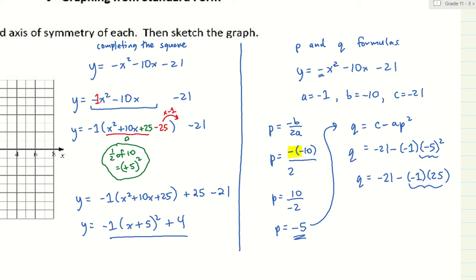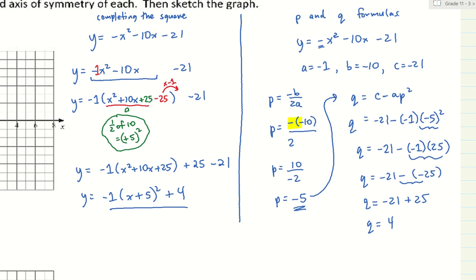Negative 1 times 25 is negative 25. Here we're subtracting a negative, so that's plus. So negative 21 plus 25 is 4. And we can see that that agrees with our previous work as well. So whatever way's faster for you, they both have their little complexities from time to time.